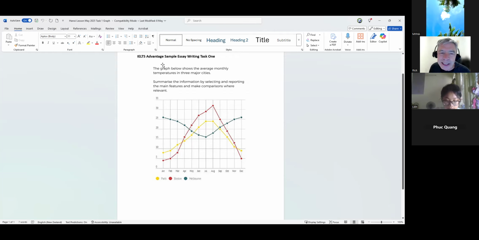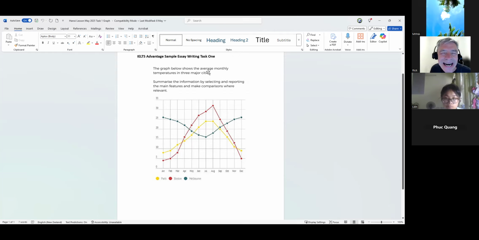So to paraphrase this sentence, I could say: the graph below illustrates the average temperature changes every month in three big cities. Hope that makes sense to everyone. You must do a paraphrase for your first paragraph.